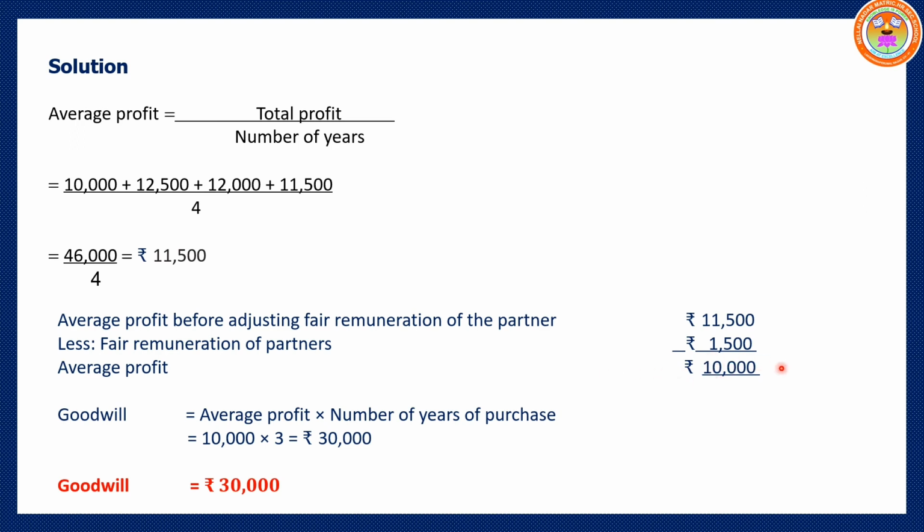We have the average profit; now we have to calculate goodwill. Formula: goodwill equals average profit into number of years of purchase. The number of years of purchase is already given in the question, 3 years of purchase. So average profit 10,000 into 3, 30,000. So finally we got goodwill value rupees 30,000.